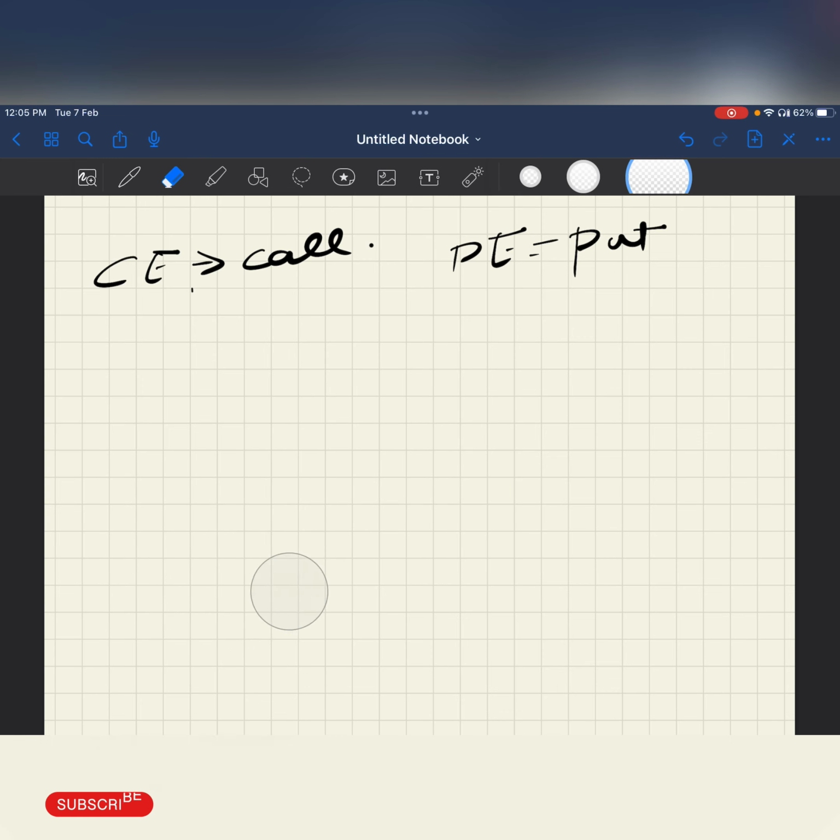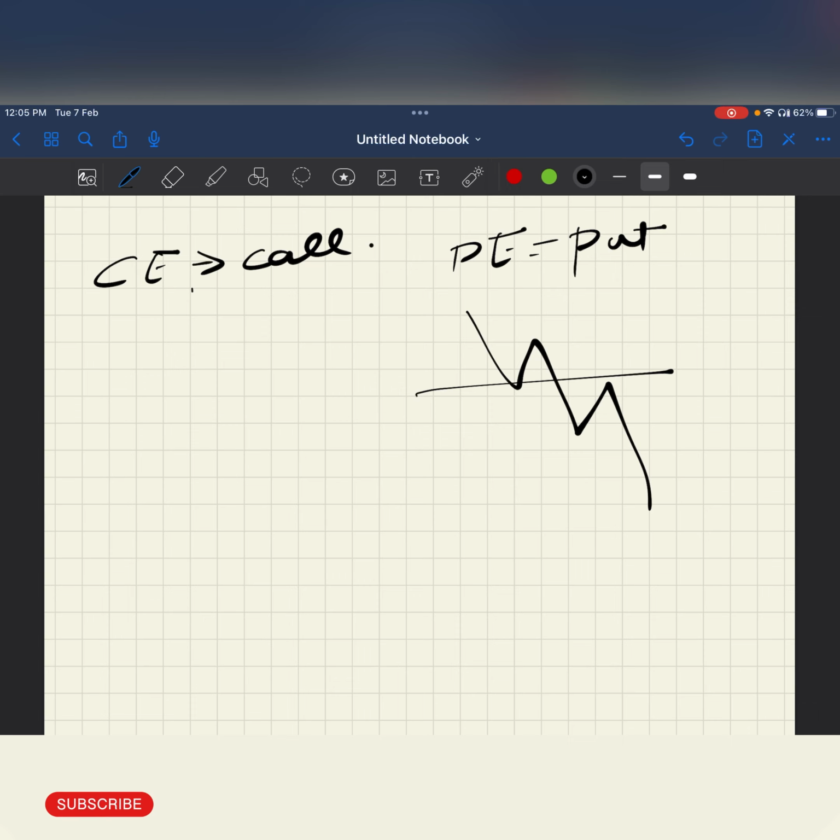Exactly the opposite in put option. Whenever your analysis is showing that the market is in a bearish trade and you think the market may fall from this particular zone, at that time you have to buy put option. Getting my points or not?